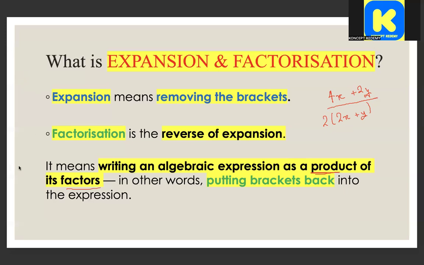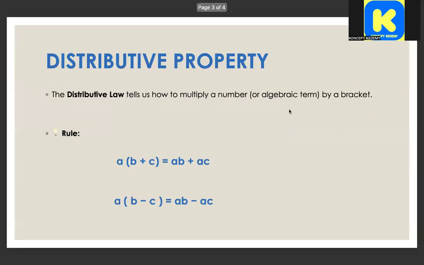There is one method of doing expansion for algebraic expressions, which is called the distributive property. As you can see on the screen, what is the distributive property? It's a law which tells us how to multiply a number or algebraic term by a bracket.